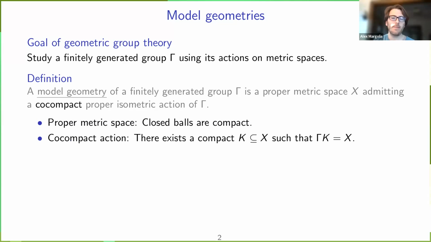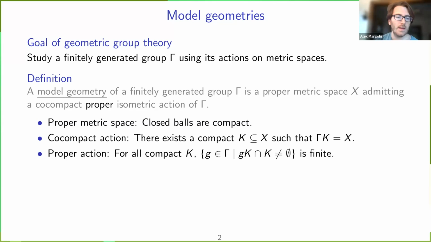Co-compact means there's some compact subset of the space such that if you take translates of this compact subset by Gamma, you get the whole space. And proper actions are where, for any compact subset of the space, there are only finitely many translates of that subset that intersect itself.